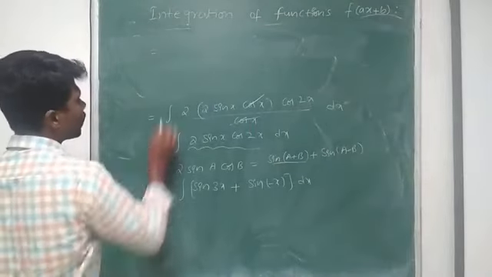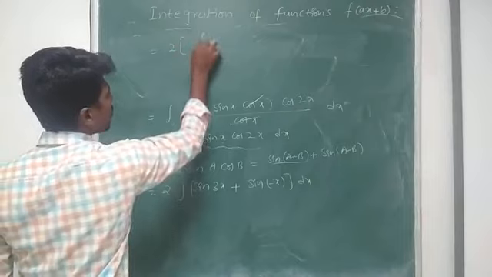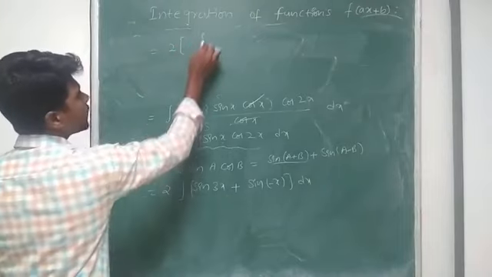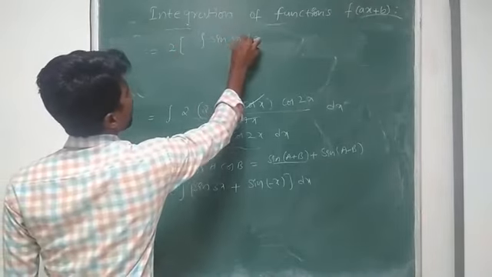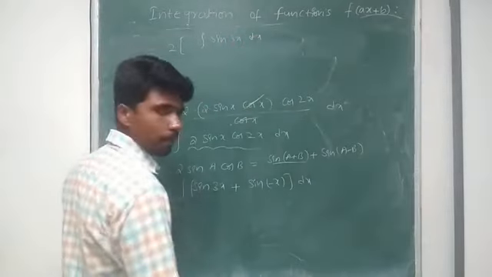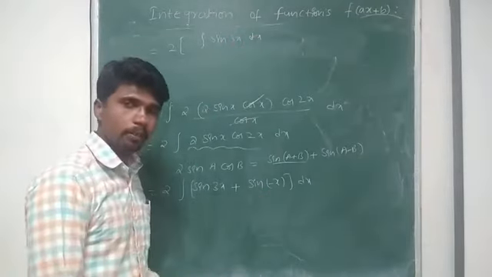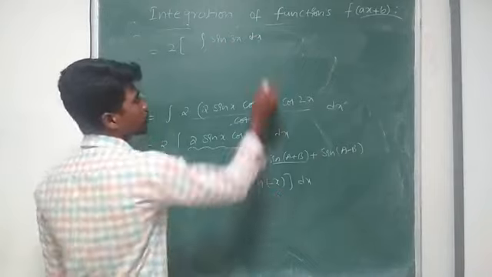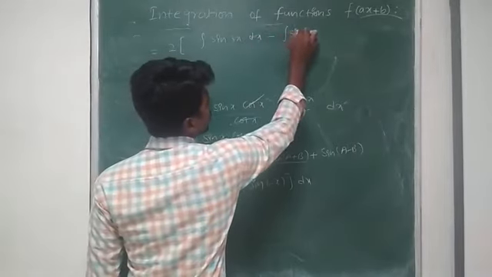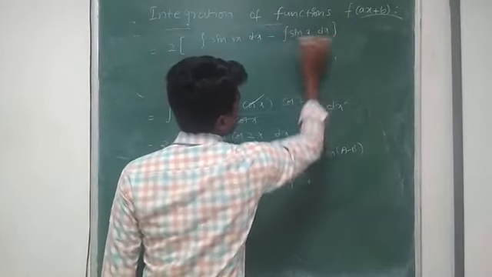Equal to 2 of integral sin 3x dx. Now sin of minus theta is minus sin theta, so I get minus sin x. So minus integral sin x dx.